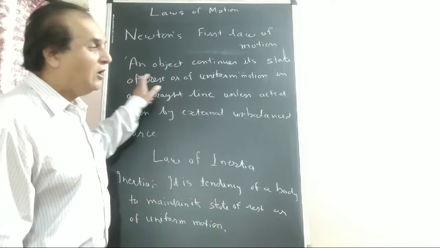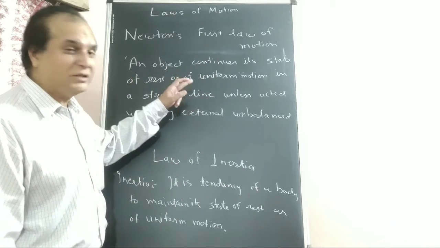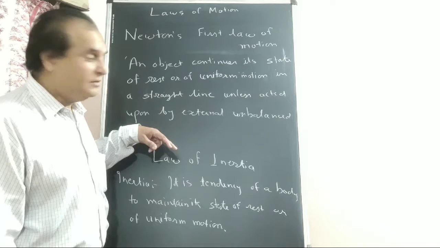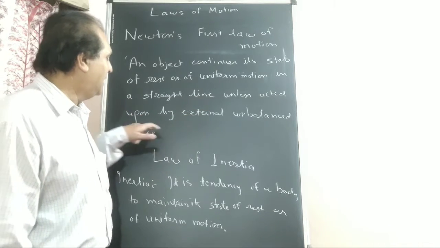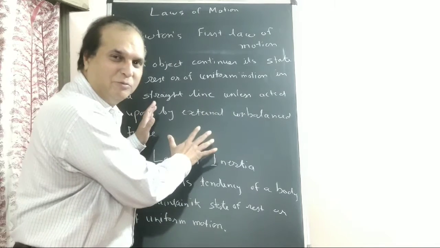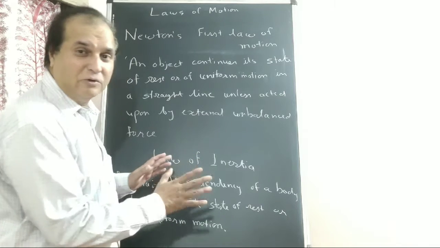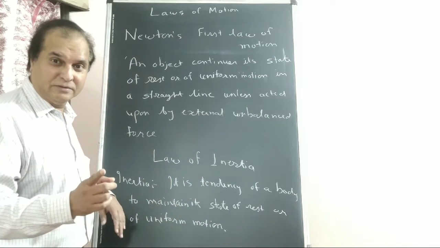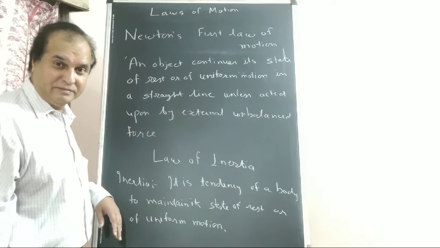Okay? See, the object continues in its state of rest or of uniform motion in a straight line unless acted upon by an external unbalanced force. If I apply force to this board, it will move, of course. But if I don't apply any unbalanced force... balanced force and unbalanced force are different.